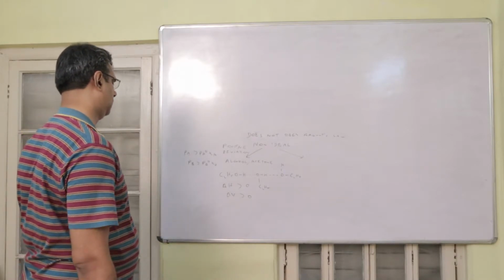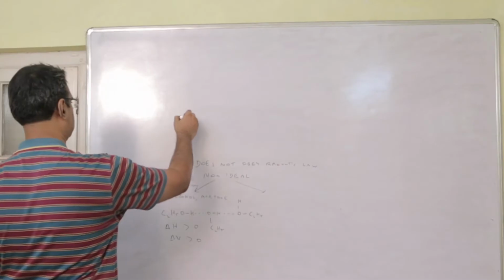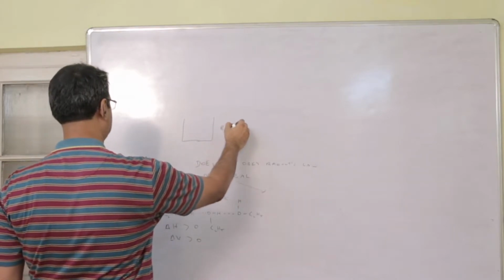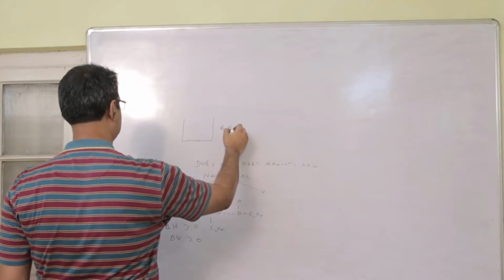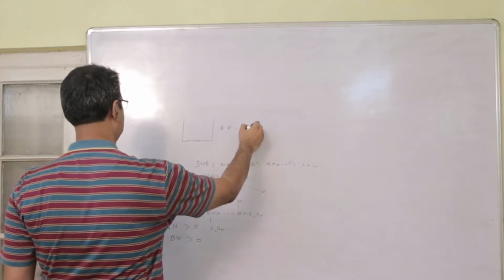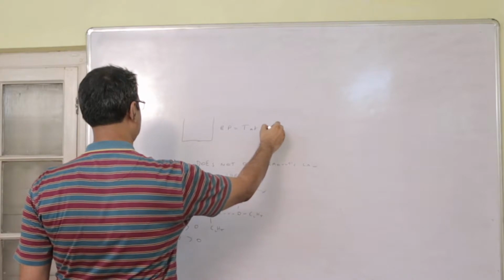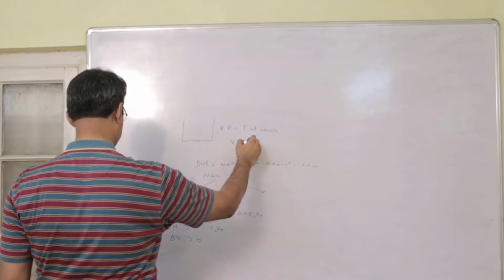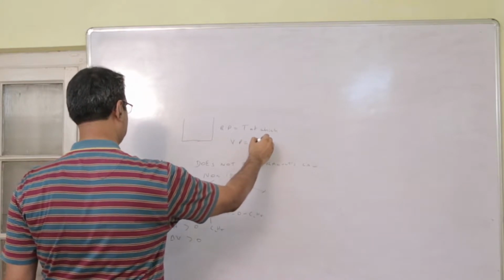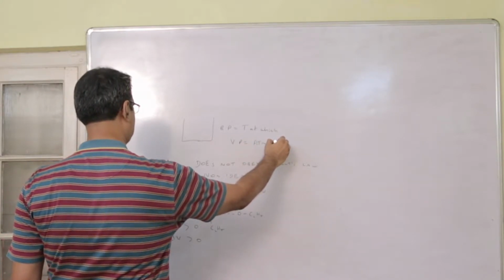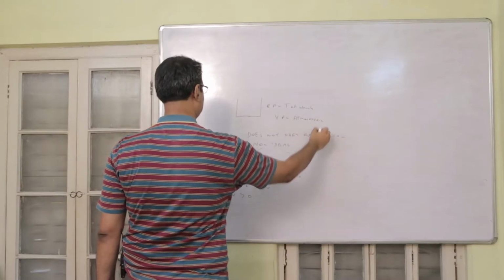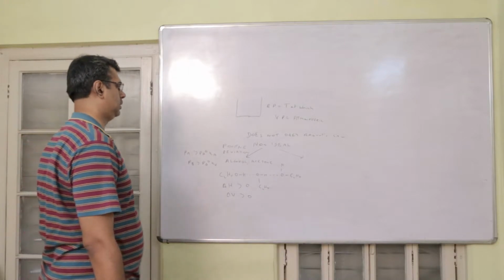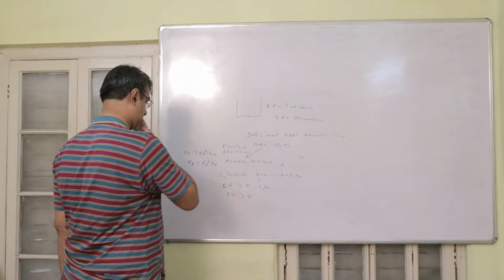Now we know that boiling point is the temperature at which vapor pressure becomes equal to atmospheric pressure. So when we talk about boiling point, it is the temperature at which vapor pressure becomes equal to atmospheric pressure.